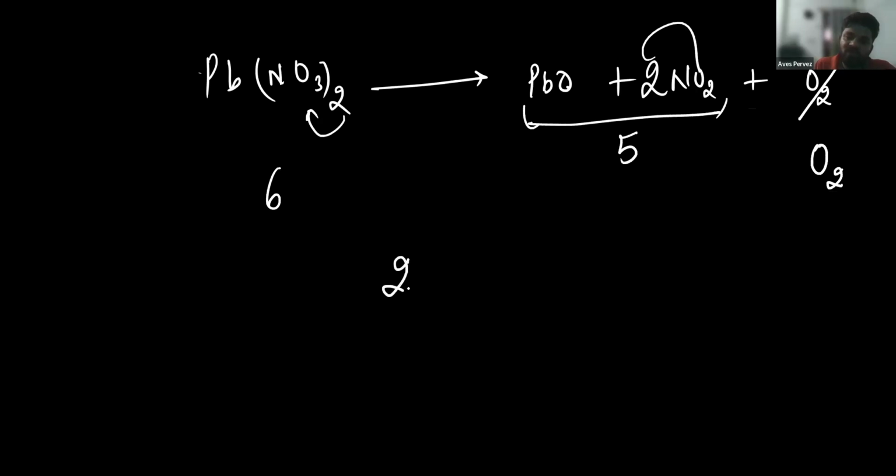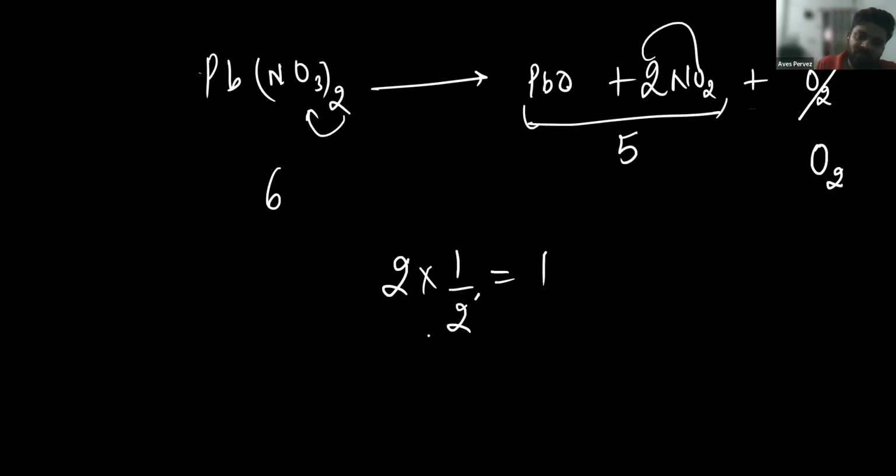So how can that 2 become 1? By what number should you multiply this 2 so that it becomes 1? It can be a fraction also. 1 by 2.